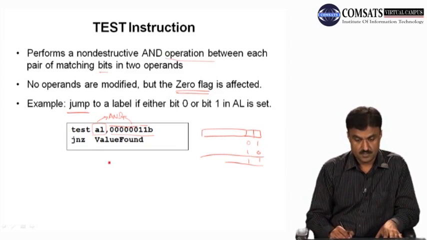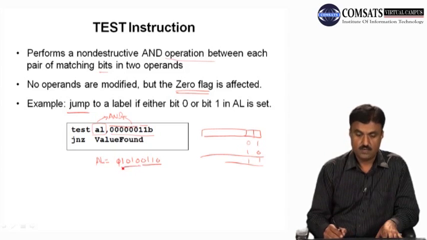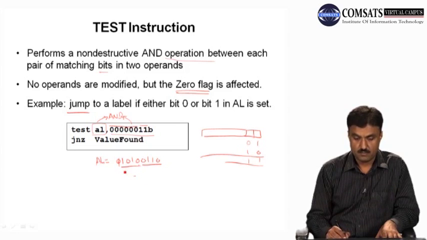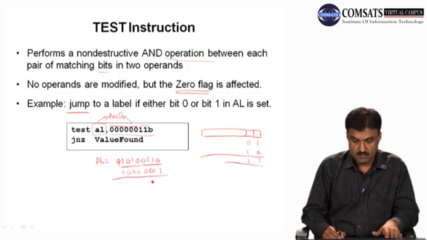How will it happen? Assume that the value in AL is 0 1 0 1 0 0 1 1 0. We have this value, and we are going to perform the AND operation. All these bits will be 0, and only these two bits will be 1 and 0.